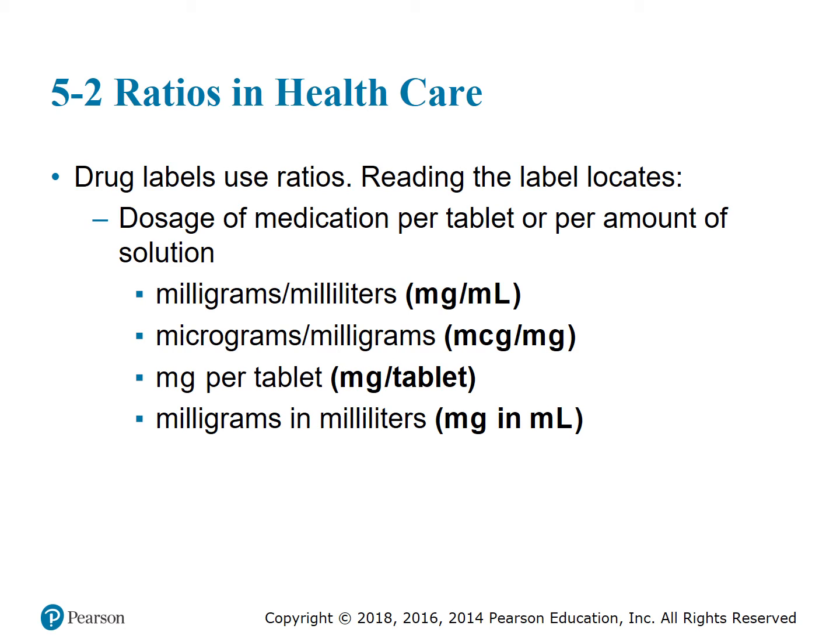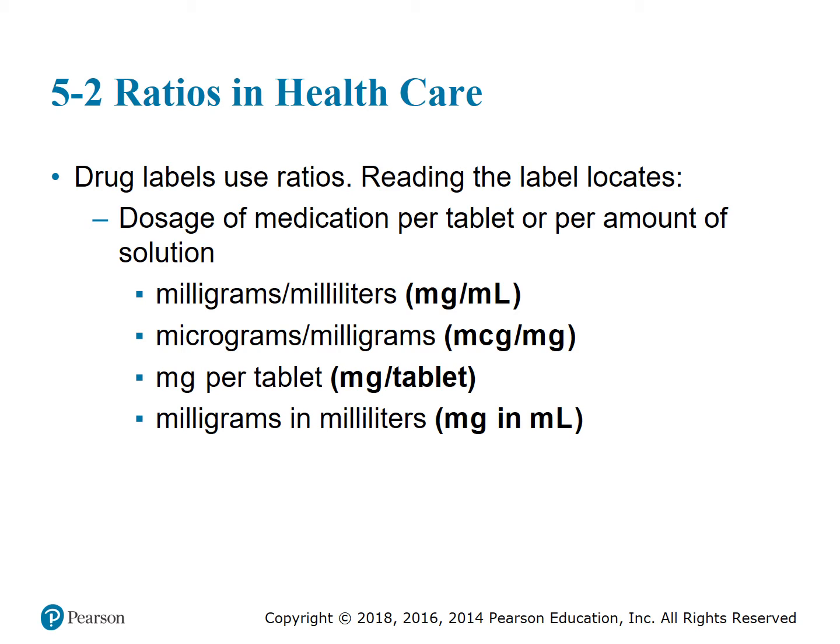The first one is milligrams slash milliliters. So this is so many milligrams of medication per so many mLs of solution, solute to solution. Remember back to our chemistry chapter in anatomy and physiology.